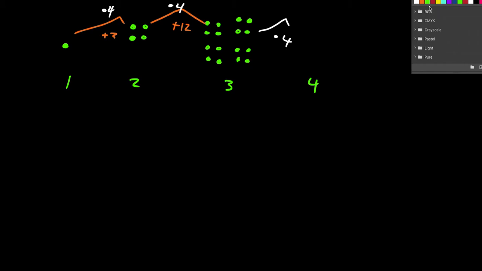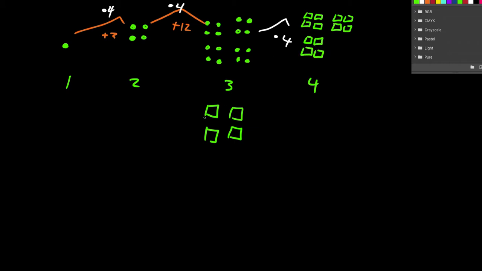So to make this a little bit easier on ourselves, I'm going to call these 4 dots right here just a box. And so I'm going to write step number 3 as this, and then I just do one of those, and I just do that 4 times.